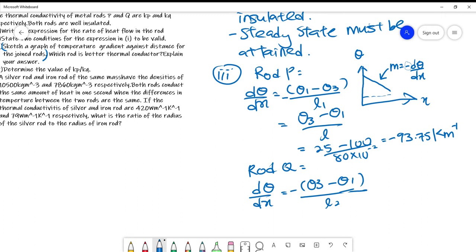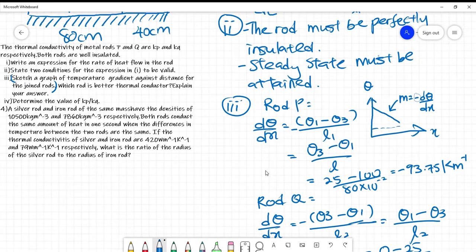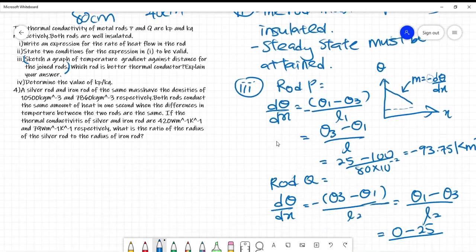And okay, the negative expands, so this one is theta 1 minus theta 3. So this one shall be L2, and theta 1 basically is 0 minus theta 3. Theta 3 basically is 25, and L2, the length for root Q, is 40 cm.